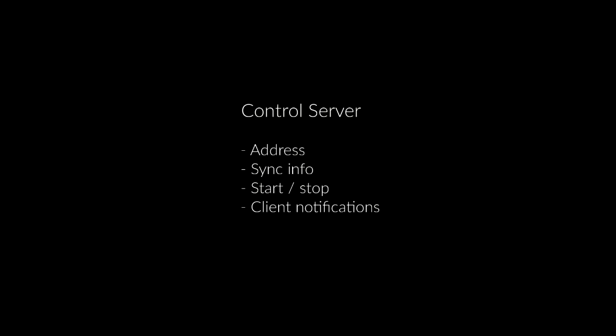You need to provide some way to synchronize a sync info object. It's a well-defined object, so you need a way to serialize and send this out over the network, right? It needs some controls for starting and stopping, and you need to provide a mechanism to notify the user of this interface that clients have joined or left, right?